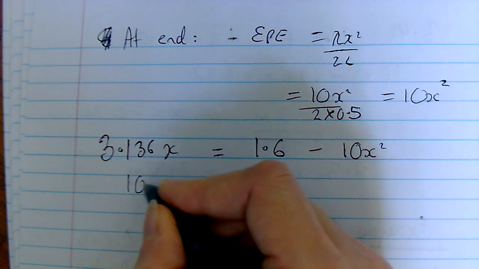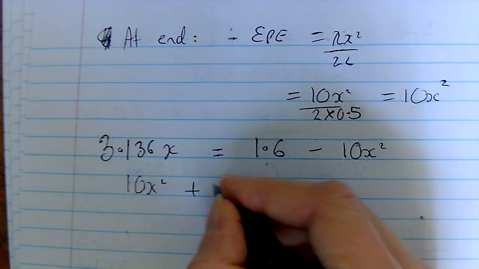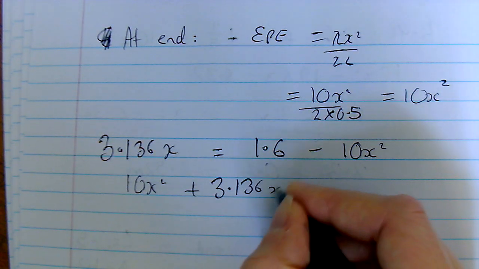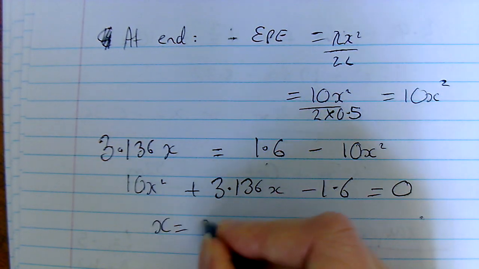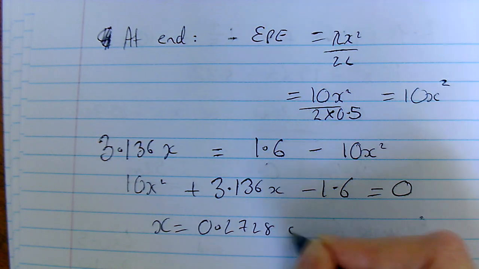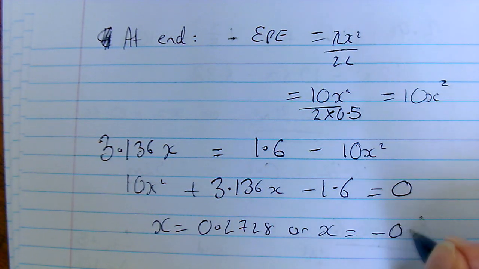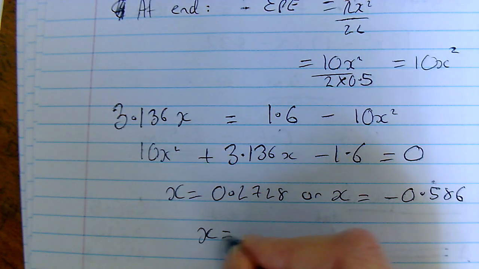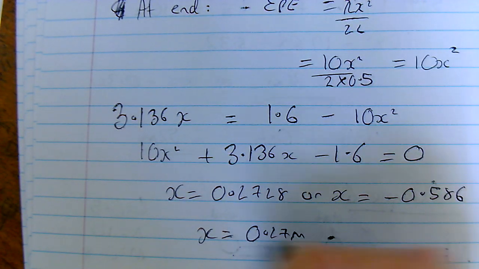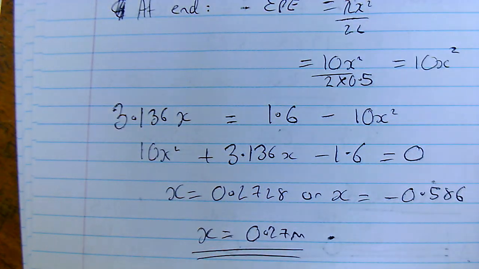Rearrange that, so you end up with a quadratic. Factorize. So you use your answer, which is positive, which is just going to be x is 0.27 meters.